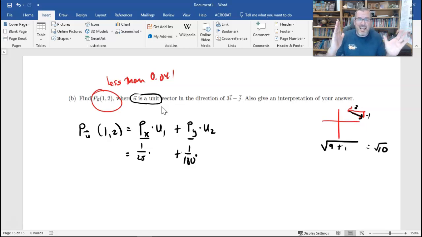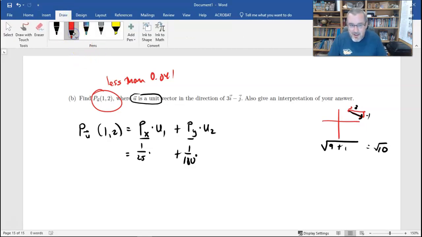I want to scale this back to have just a magnitude of 1, but still be in that direction. The way we accomplish that is we take the vector 3i minus 1j, and we divide by the square root of 10.